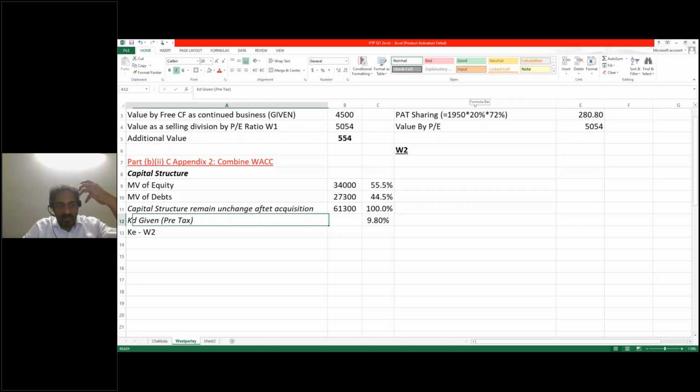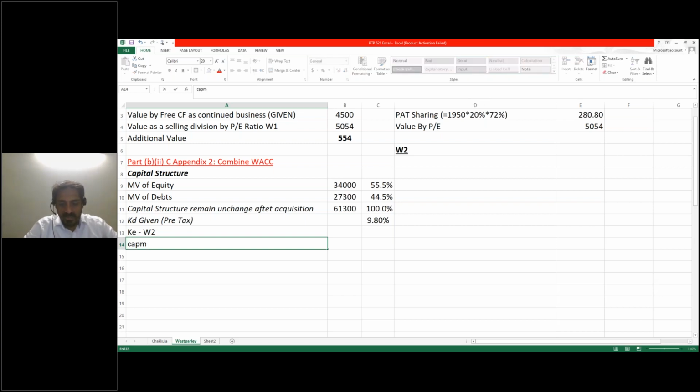Now ask yourself for the KE, what's the complication? We know that we will work out KE by the CAPM. For CAPM, RF is not the challenge. RP is not the challenge. About the beta equity, capital structure is 55-45. The issue is the beta asset. You have to talk to yourself whenever you are attempting the question.